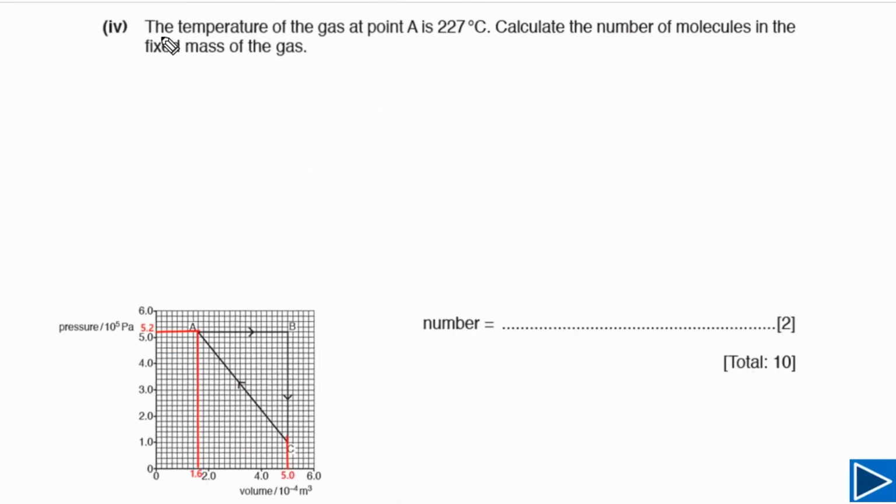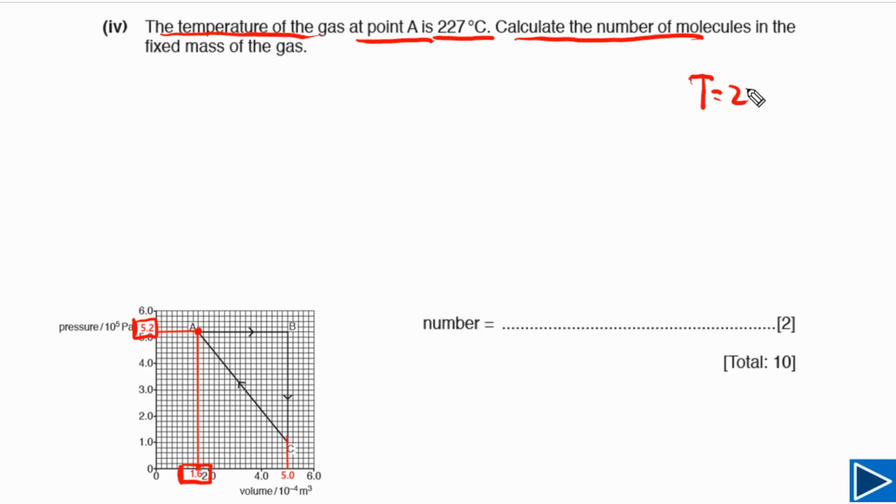For the last part, it is given to us that temperature of the gas at point A is 227 degrees Celsius, and we need to calculate the number of molecules in the gas. If you look at this PV diagram, at point A, we can read the value of P from the y-axis, and the volume of the gas from the x-axis. Let's write down first of all what is given to us.